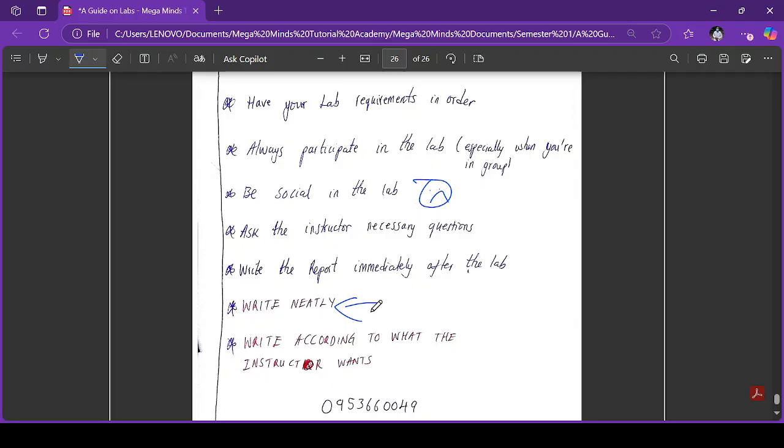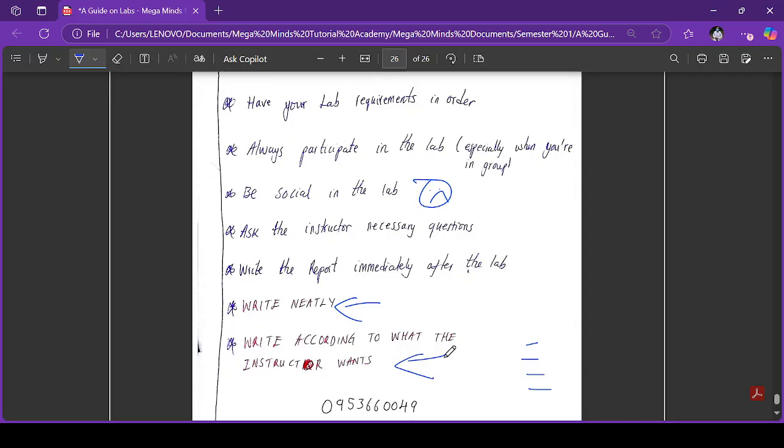So always write neatly, and write according to what the instructor wants. If the instructor says write in points form, you also write in points. Don't write in paragraphs when you are told to write in points. When they say write in paragraphs, you write in paragraphs. This is very important. It will score you marks, and it will make your lab report stand out.